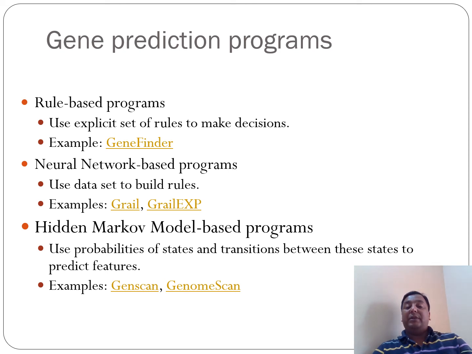Neural network-based programs like Grail and EXPs are there, and hidden Markov models, genome scans are there. All these things you have to try by yourself. The thing you must understand is that for all the programs, input will be the sequences, right? And you have to explore these tools, these programs, right?